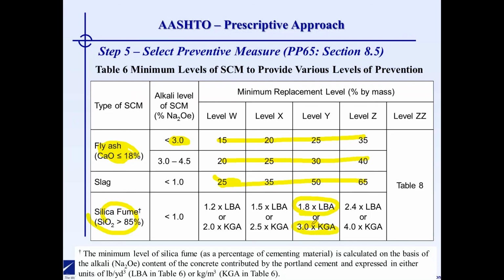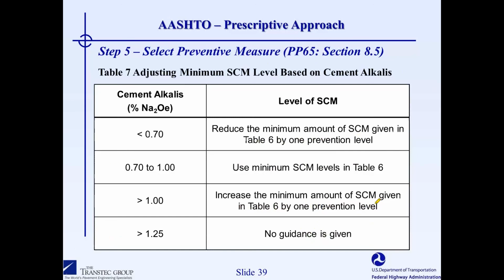The 3 times kGA, that's just the same calculation in kilograms, if we have our alkali in kilograms per meter cubed instead. So you can see again, the level of silica fume is going to increase as the level of prevention increases, or of course as the amount of alkali in the system increases.